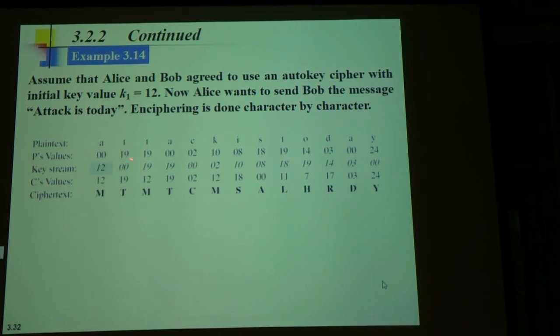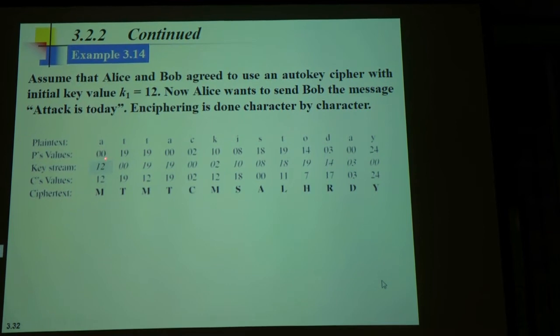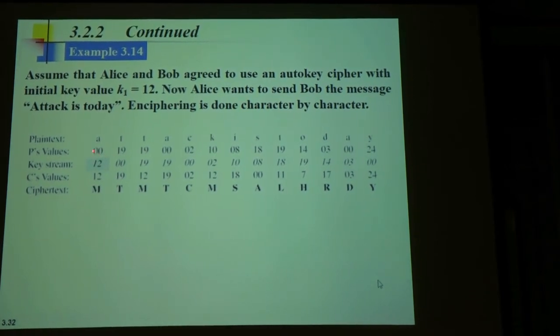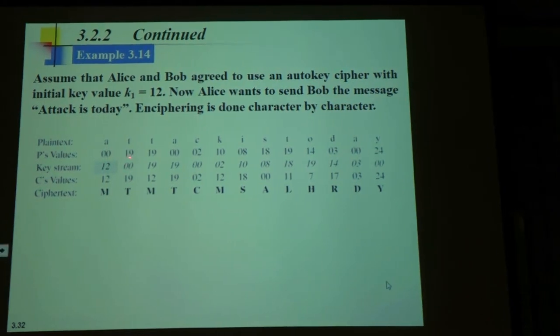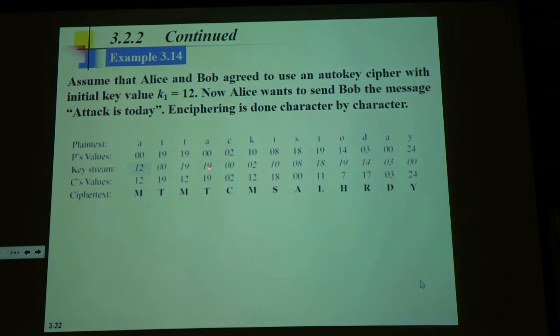Now what is the key for the second letter? It will be the plain text of the previous one. So you see, we started with 12, then the key became 0, 0 moved here, 19 moved here, 19 moved here, 0 moved here, 2 moved here, 10 moved here, 8 moved here, 18. So we only know the first key. After that, the keys keep changing. It's not the same key.